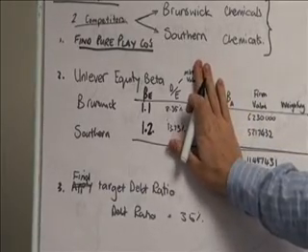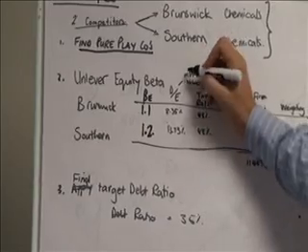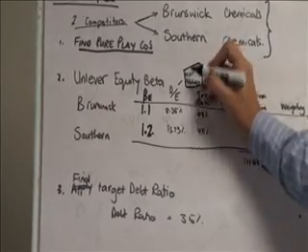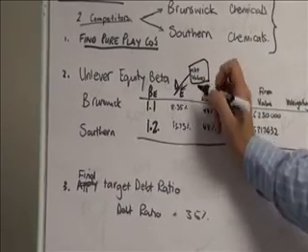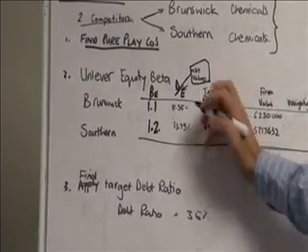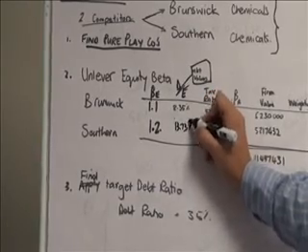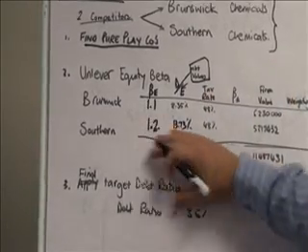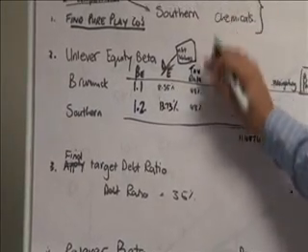What we then do is ask, what is their capital structure? And for this, it's quite important to use the market values. We identify the debt equity ratio as just over 8% and 13.7%. The tax rate's given at 48%.